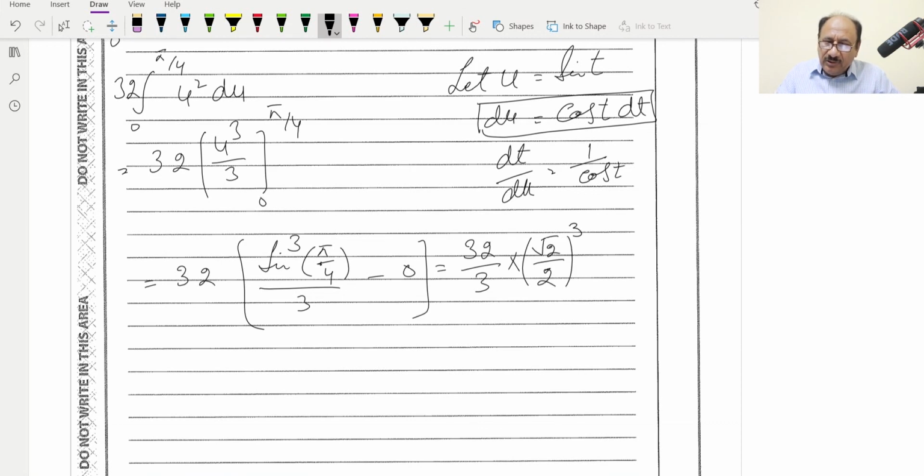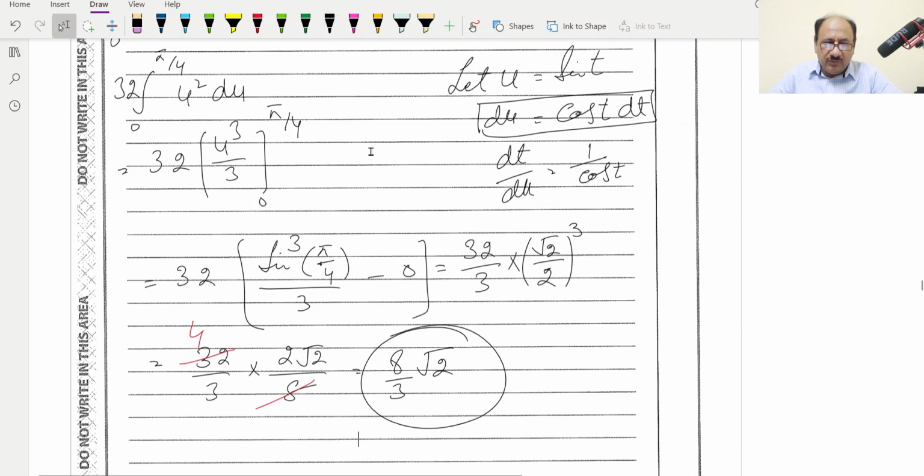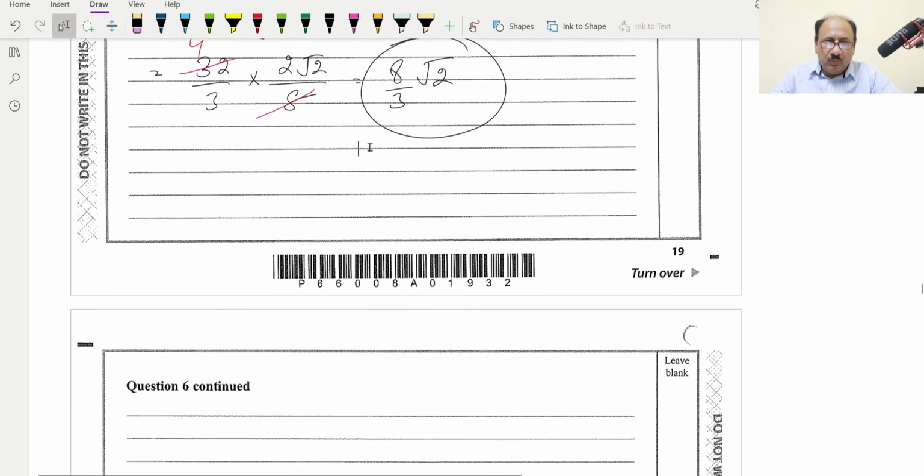After cancellation we can write this as 32 over 3 into 2 root 2 over 8, and 8 can be cancelled as 4, so 4 into 2 will be 8 over 3 root 2. This is the area which we need to find in the A2 part.